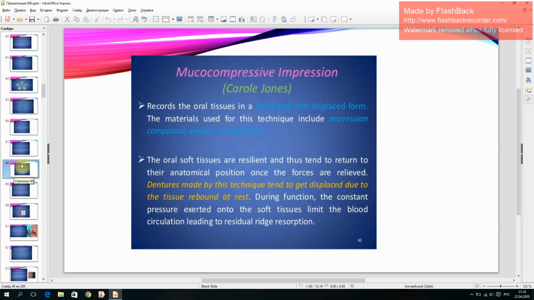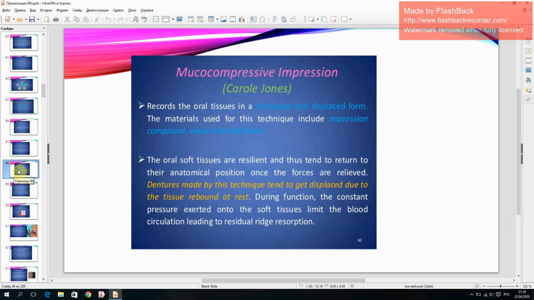Mucocompressive impression, by Carl Jones, records the oral tissues in a functional and displaced form. The materials used for this technique include impression compound, waxes, and soft liners. The oral soft tissues are resilient and thus tend to return to their anatomical position once the forces are relieved.